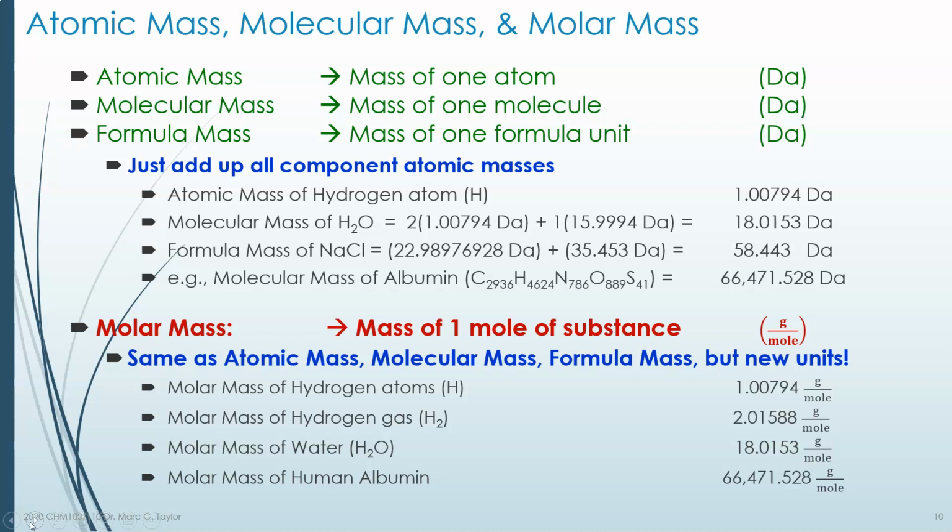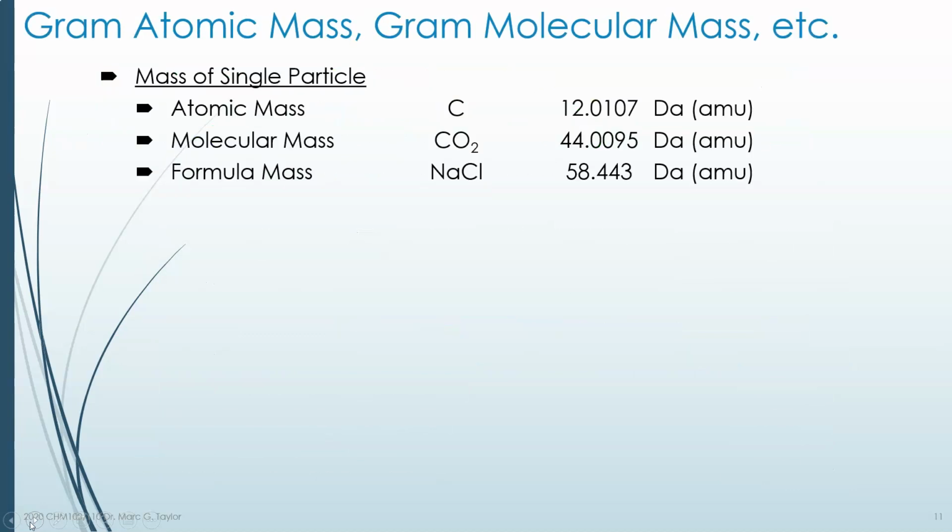So the mass of 1 atom in Daltons is the same number as the mass in grams per mole of a mole of that material. And that is because Avogadro's number, or what we call the mole, was picked to be very specific to make sure these two pairs of numbers match identically.